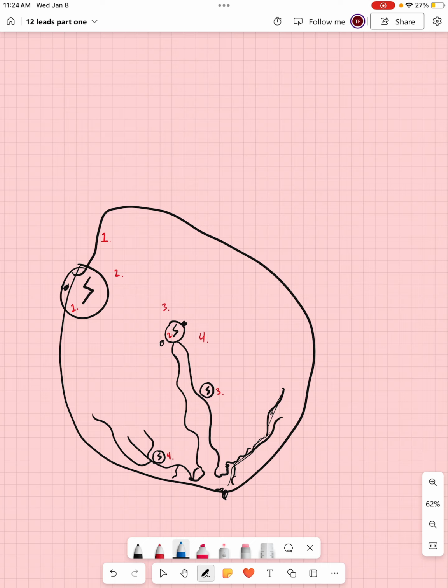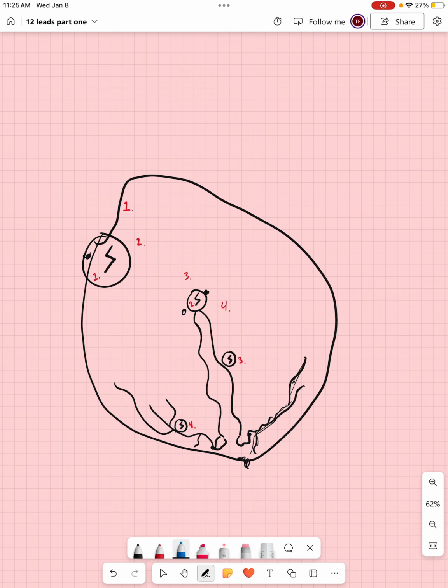So we have multiple sites in our heart that are chief electrical conduction sites where they're responsible for conducting electricity. And the primary spot that is responsible for electrical conduction is this right here that has the 1 next to it, and that is our sinoatrial node.